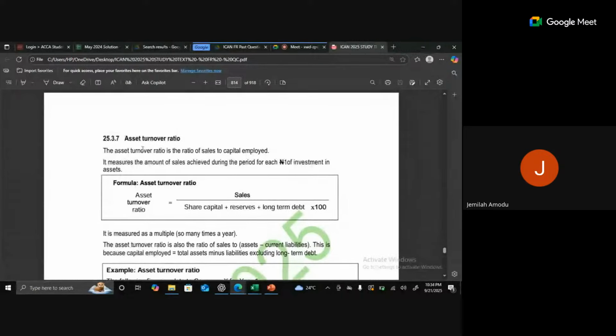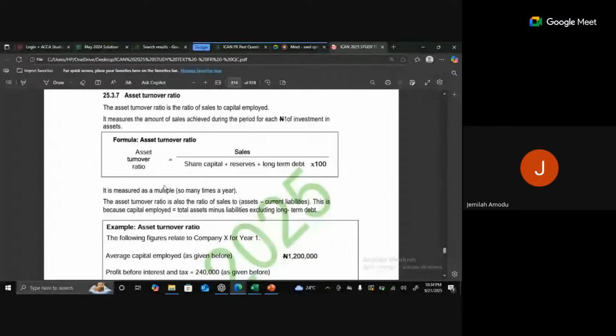So the next thing is asset turnover ratio. They say the asset turnover ratio is the ratio of sales to capital employed. It measures the amount of sales achieved during the period for each 1 naira of investment in assets, just as the name implies.